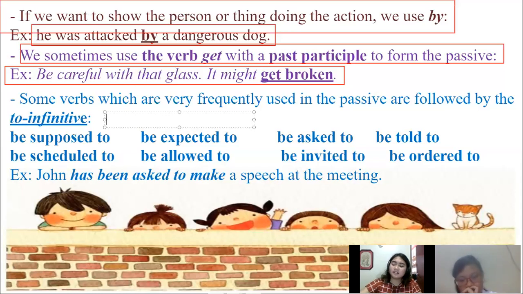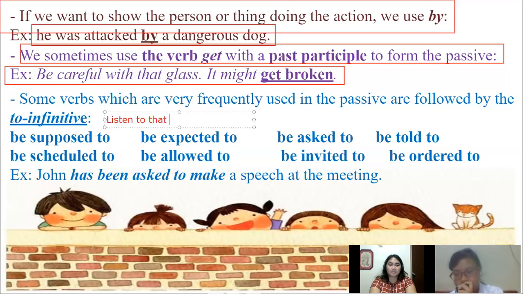Listen again. Listen to that. Listen to the outside. You can say listen outside.